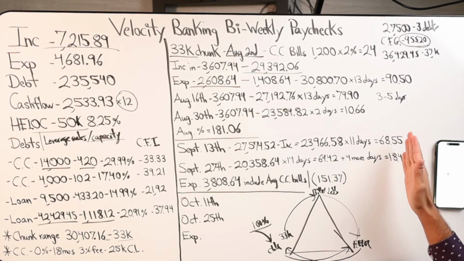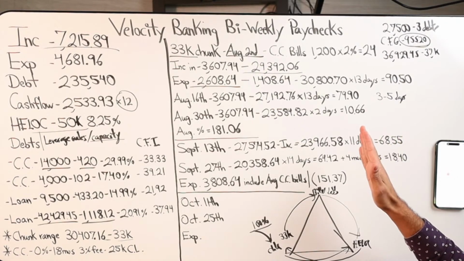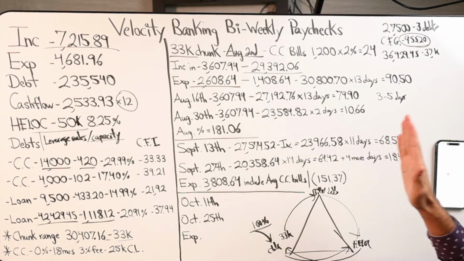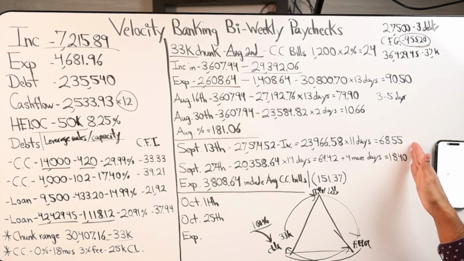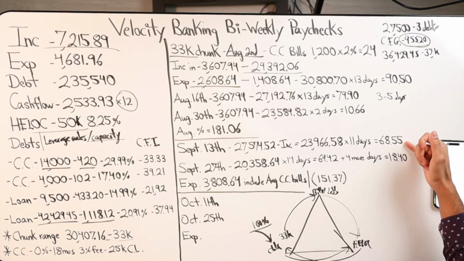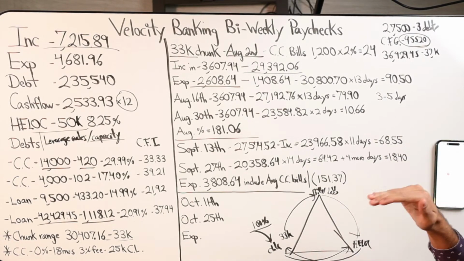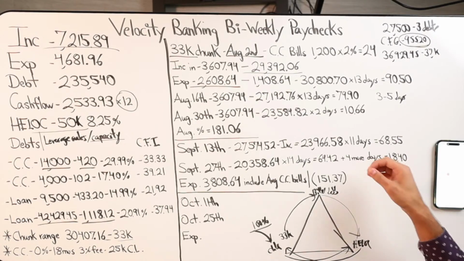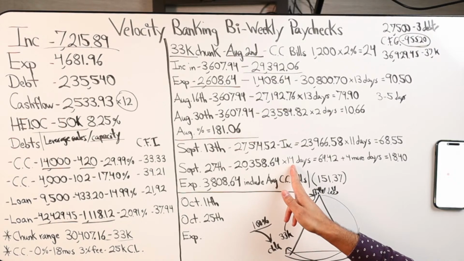So for 11 days, September 2nd, right, through up to the 13th, without counting the 13th as a day, we're at $68.55, right? September 13th, count that day to September 27th. Without counting September 27th, you should get 14 days.